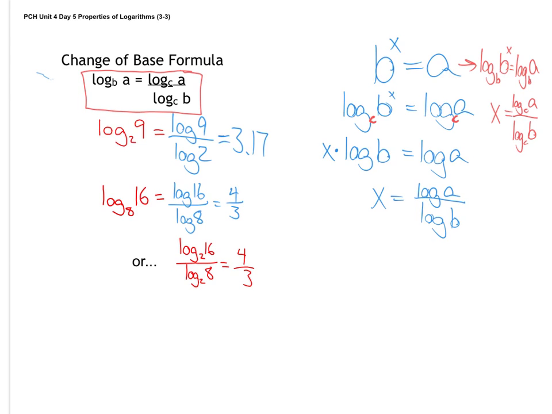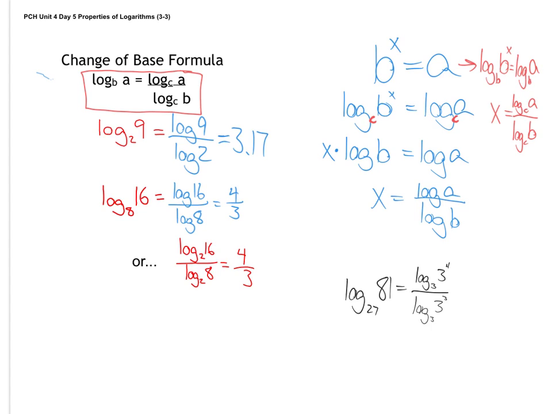Okay? So same thing, let's say I had the log base 27 of 81. Okay? 27 and 81 are both powers of 3. So maybe even as I'm writing it, I could say I'm going to make that the log base 3 of 3 to the 4th over the log base 3 of 3 cubed.